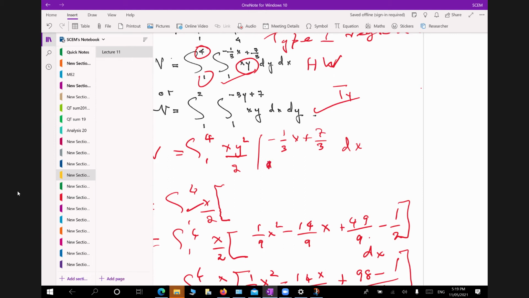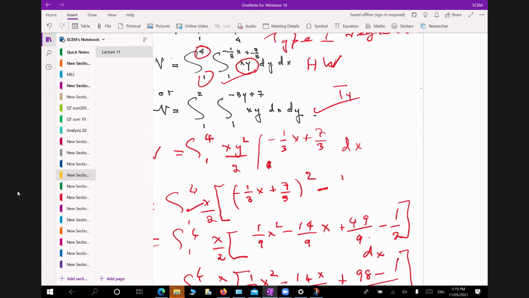If you put the top limit in, what you will get is minus 1/3 x plus 7 by 3, squared, minus, now put the bottom limit in. How much will you get? Put the bottom limit: y is 1. I put the top limit here, y squared.